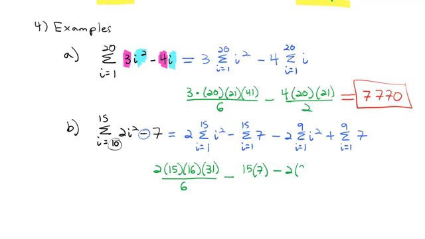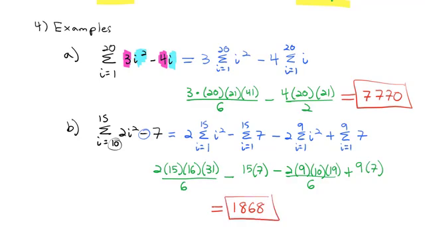Again, the I squared formula is the top number 9, times 9 plus 1, which is 10, times 2 times 9 plus 1, which is 19, divided by 6, plus, again, it's just a constant, so we take the top number of 9 times the 7, and we can plug that all into our calculator in one fell swoop, and I think we get 1,868, if I typed it all in my calculator correctly.